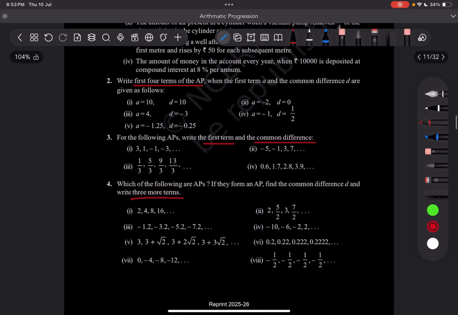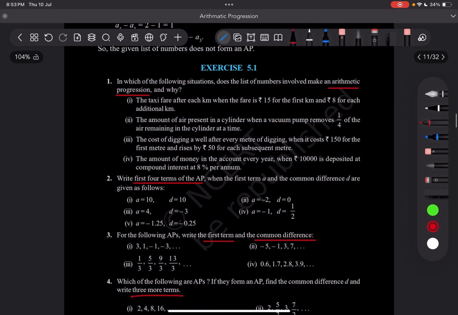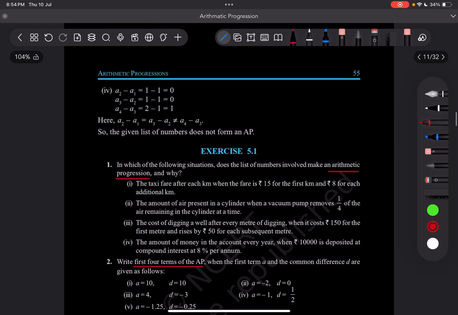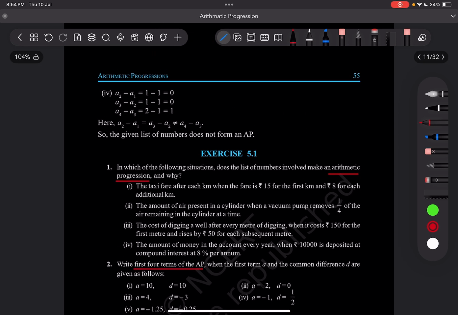So now you have understood which statement will be considered as an AP and which statement will not be considered as an AP. The steps for these considerations are very clear. In the first step, we reproduce the sequence that is given.